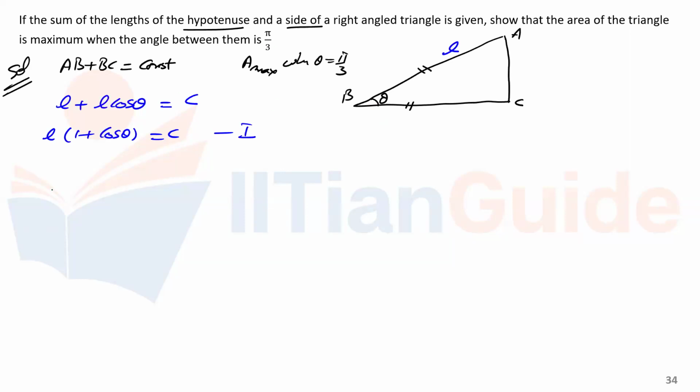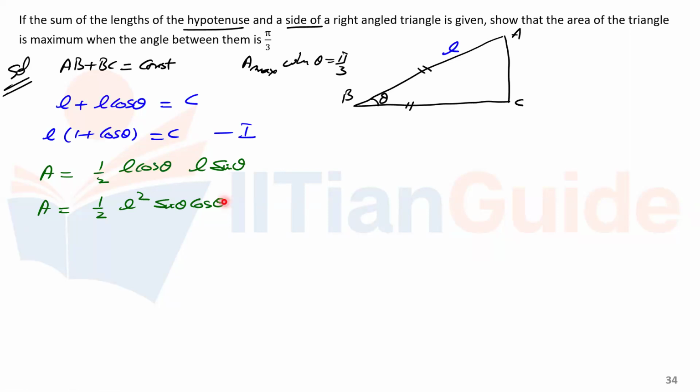Now I'm going to write the area. Area is half into base into height. Base is BC, I am writing L cos theta. After that, height AC is L sin theta. So I have got 1 by 2 L square sin theta cos theta.